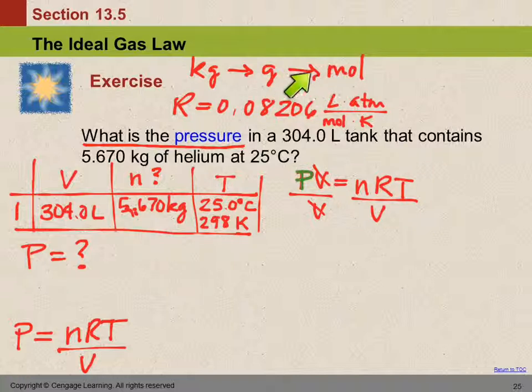That's the molar mass. They tell us here it's helium. What's the molar mass of helium? 4.00, I'll round that to 4 sig figs from that table. 4.003 grams of helium equals 1 mole of helium.